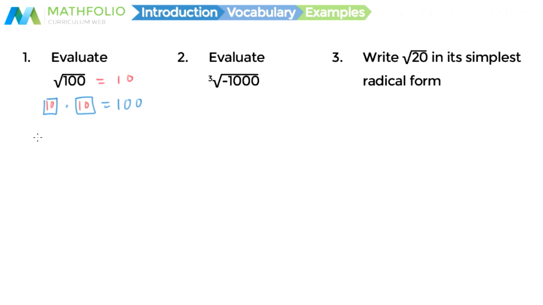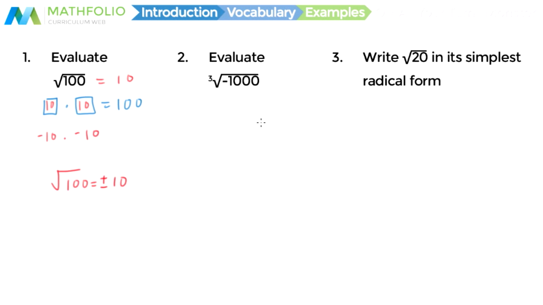Now, you could also say that negative 10 times negative 10 also gives you 100, and you would also be correct in saying that the answer to the square root of 100 is plus or minus 10. However, just keep in mind that usually we're only focused on the positive value for the square root of a number. And in certain cases, when that positive value doesn't satisfy the radical expression, then it would be a negative answer if that also works out.